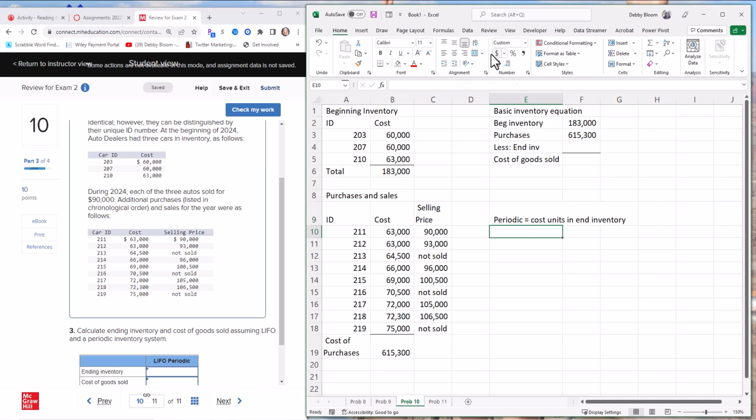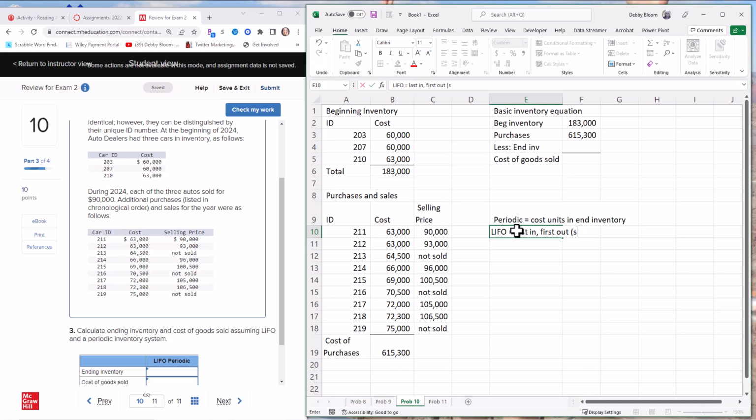Since they told us that 3 were not sold at the end of the year, and once again, we know there are specific units that are not sold, but LIFO is a cost flow assumption. So we're going to use our LIFO cost flow assumption, and LIFO stands for last in, first out.